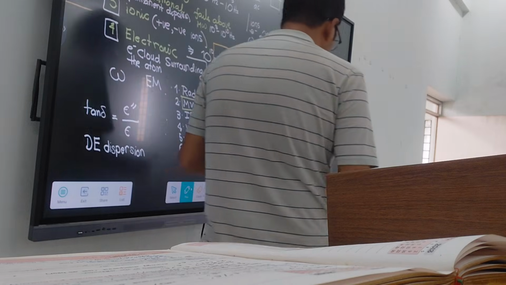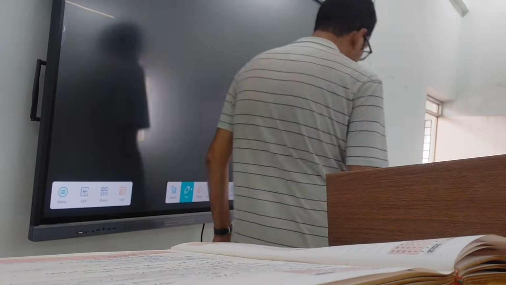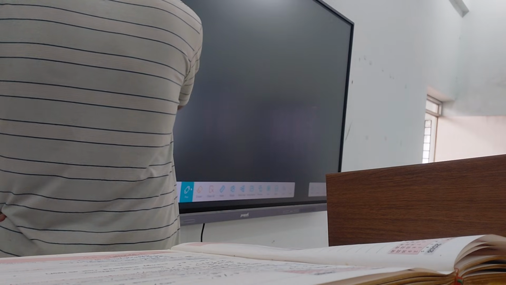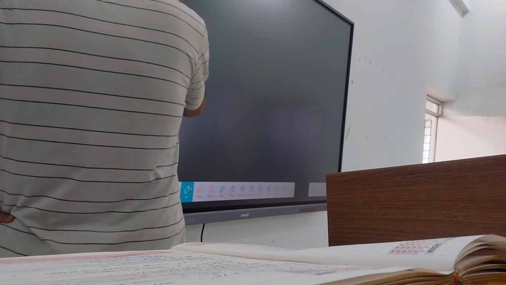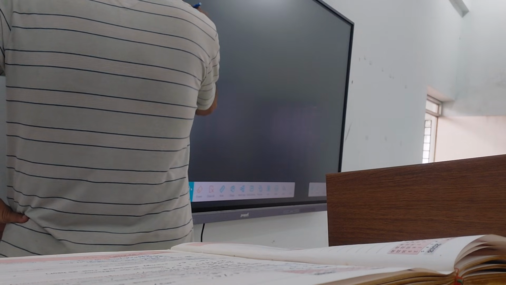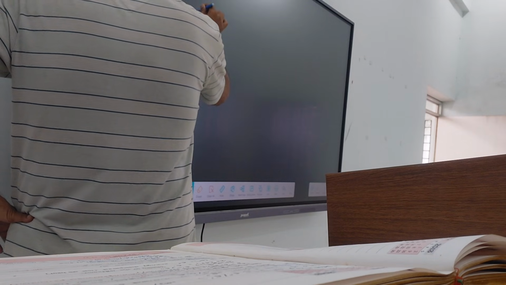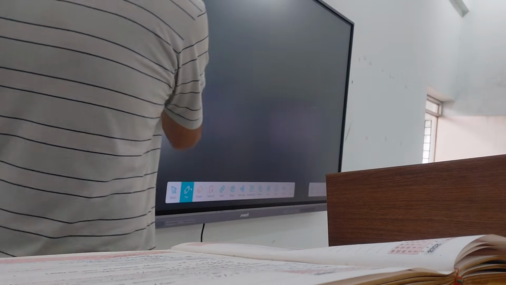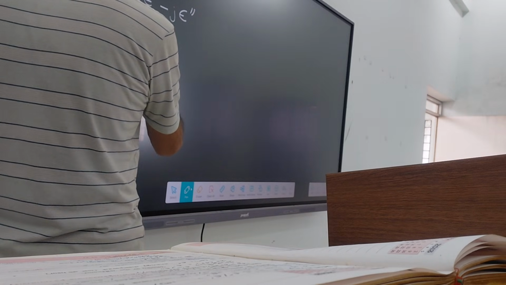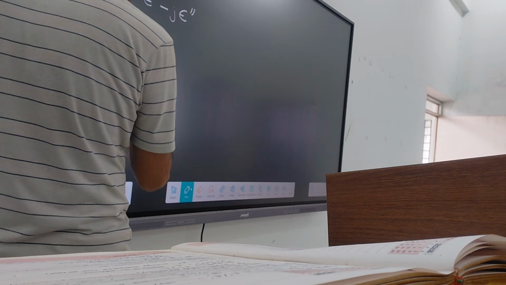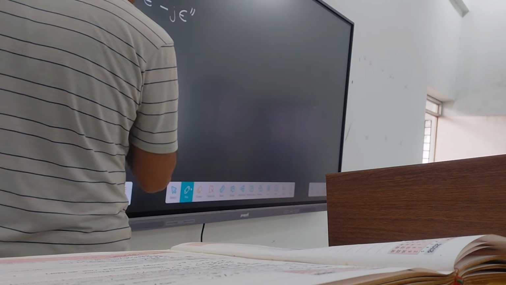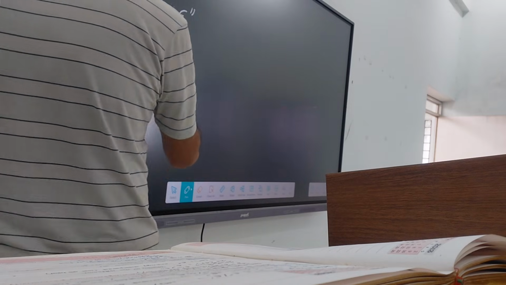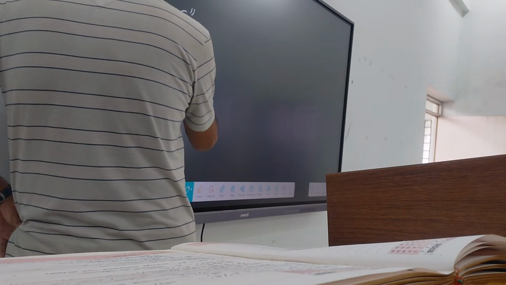Okay, it's clear to this. Next thing is this. ये जो एक्सप्रेशन, there is something called alpha S and there is something called alpha frequency. Alpha S is when we are saying that there is no loss.